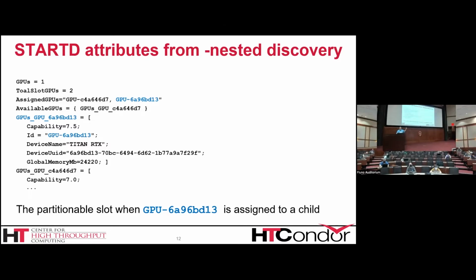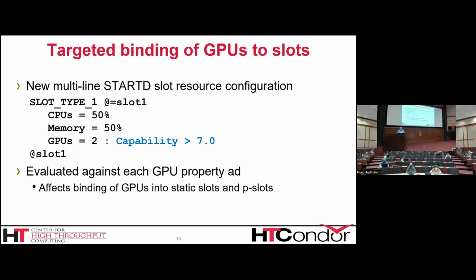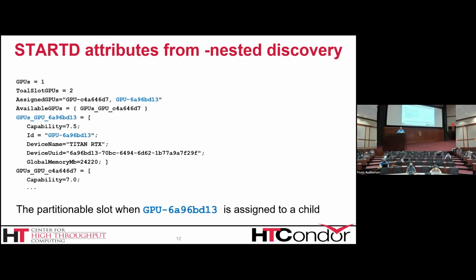The list of all the assigned GPUs is here in its form, just like it was all along. And then this new attribute, AvailableGPUs, is a class ad list of the names of other attributes. In this case, it's this one here, which is the properties of the GPUs that have not yet been assigned to any dynamic slot, that are still available for matchmaking. All right.